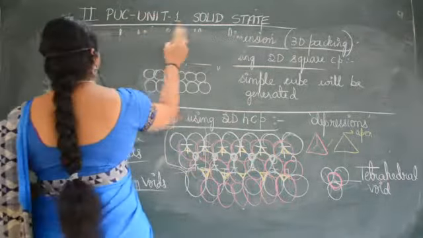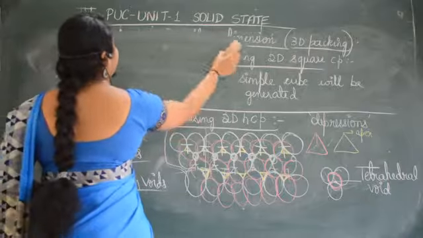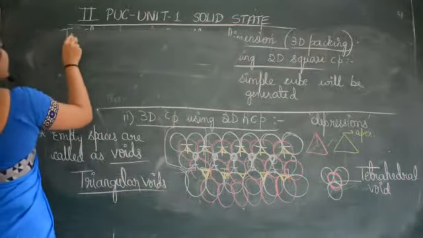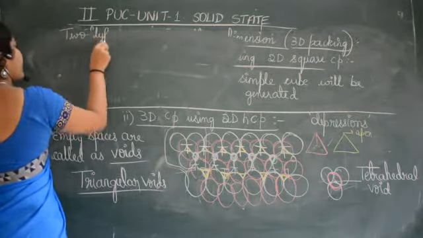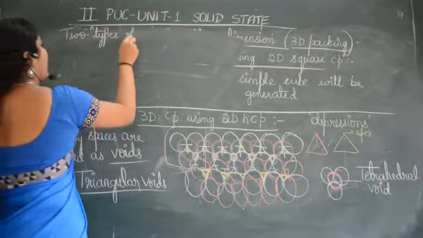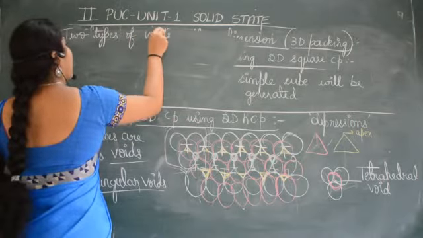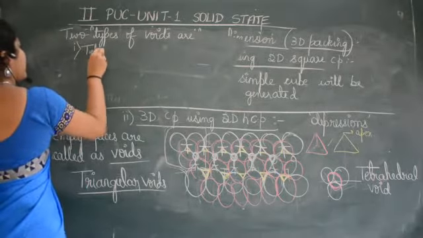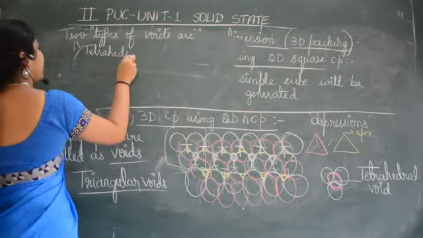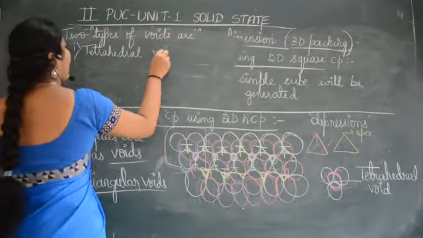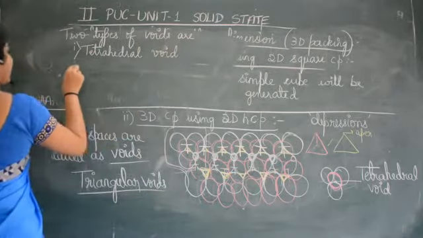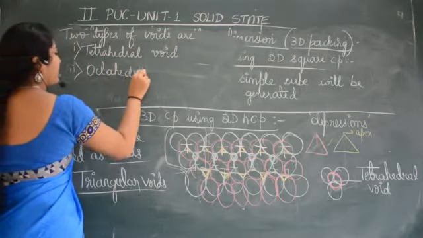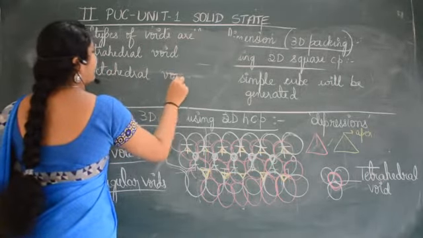I'll erase this. So what you need to understand, 2 types of voids are tetrahedral void and octahedral void.